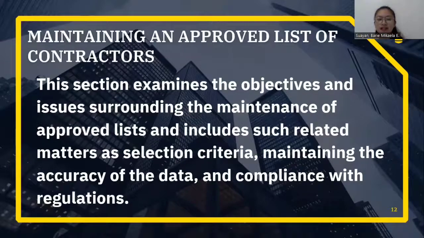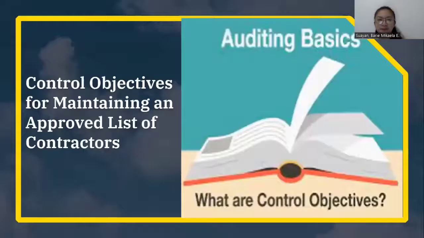This section examines the objectives and issues surrounding the maintenance of an approved list and includes such related matters as selection criteria, maintaining the accuracy of the data, and compliance with regulations.